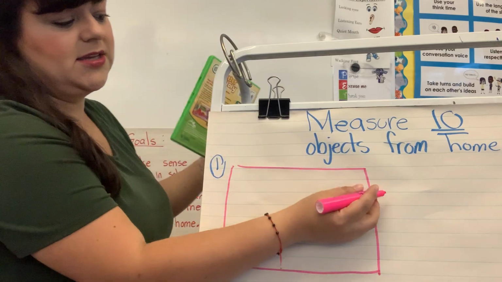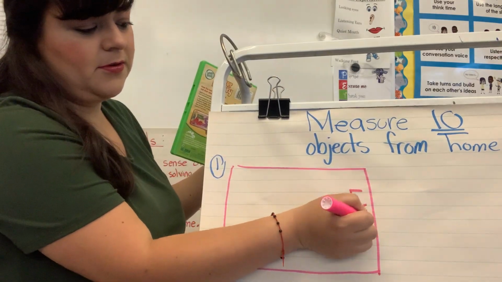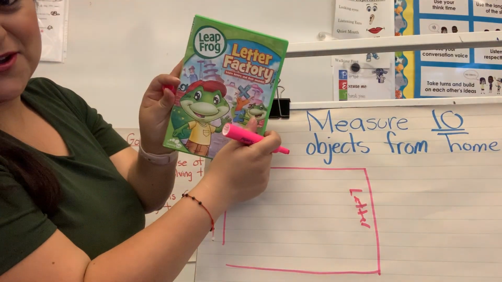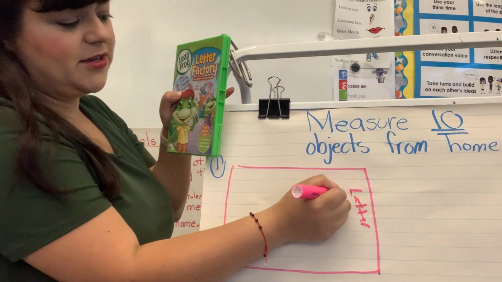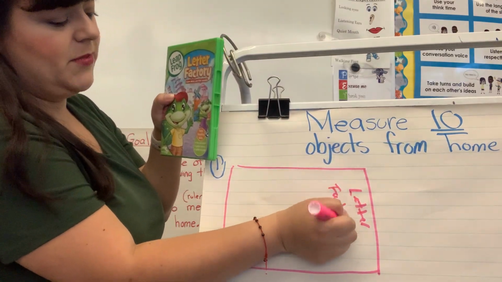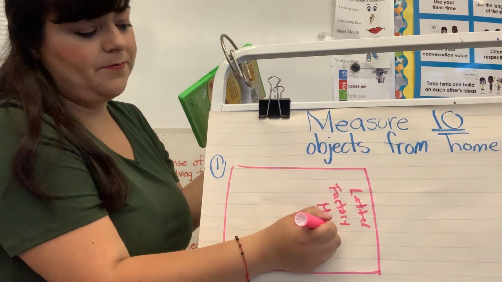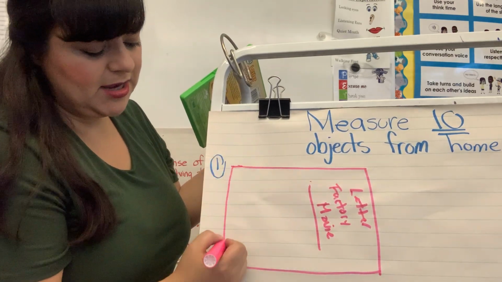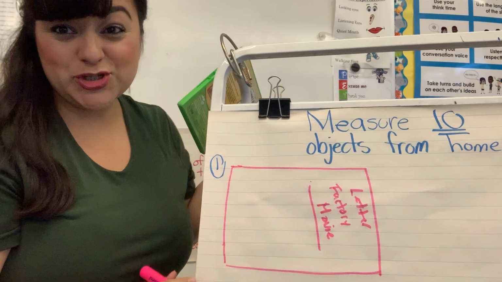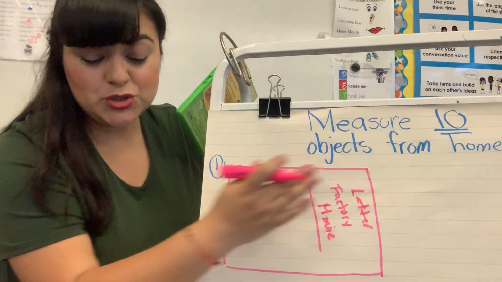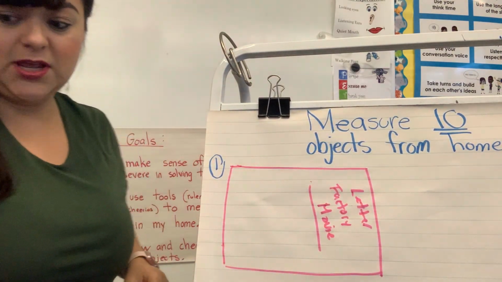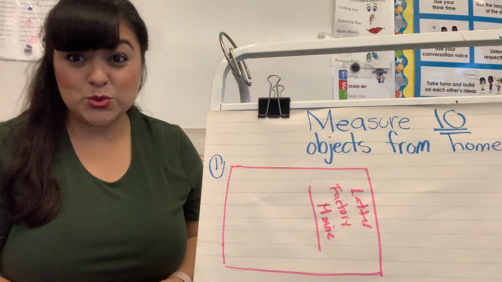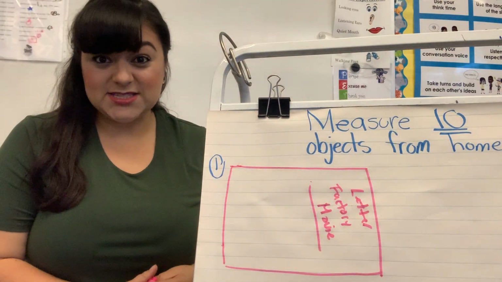Okay, and this is the letter. I'm just reading it off the top. Letter, factory, movie. Okay, and now that I drew a picture, I'm going to measure it. So I'm going to show you different ways and different tools we can use to measure objects at home.